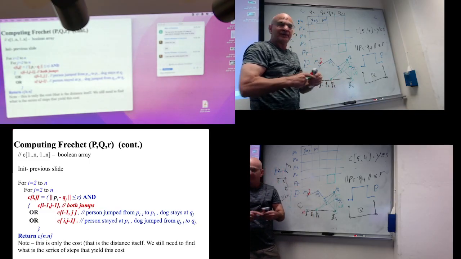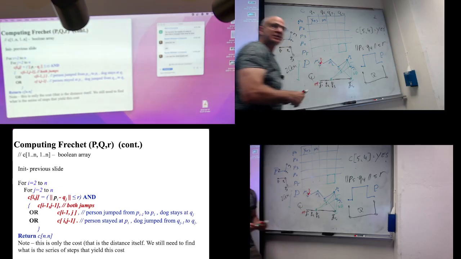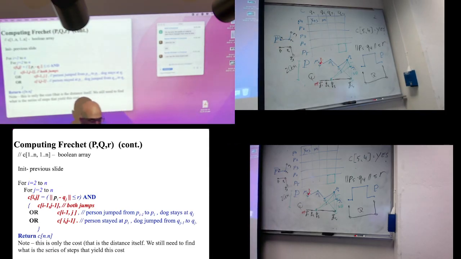And how do I know if I can do the whole trip to this location with this length of the leash? I don't need to solve the problems recursively. I can call the function Frechet recursively, but as we saw, it will lead to this terrible recursive call of multiple things. We are using the principle of memoization.